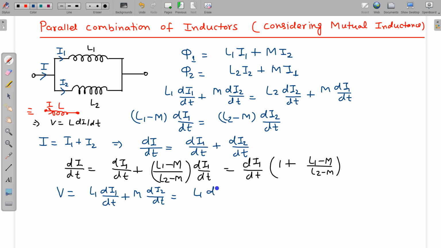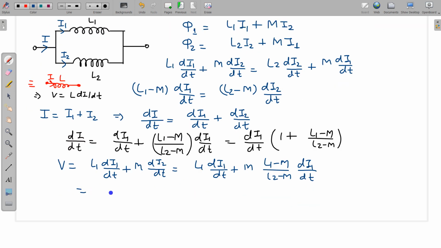This is L1 di1 by dt, this is M, and di2 by dt I can put from the earlier relation: (L1 minus M) divided by (L2 minus M) into di1 by dt. So I can take di1 by dt common, and it will be L1 plus M into (L1 minus M) divided by (L2 minus M).